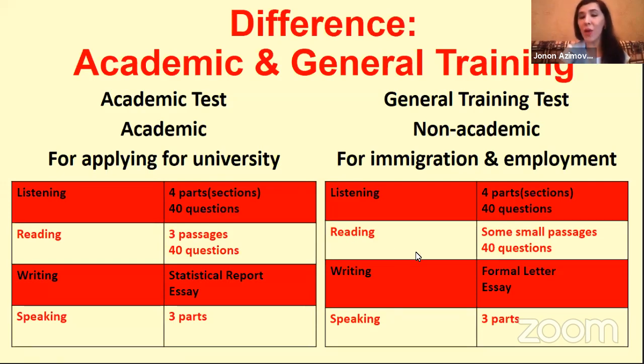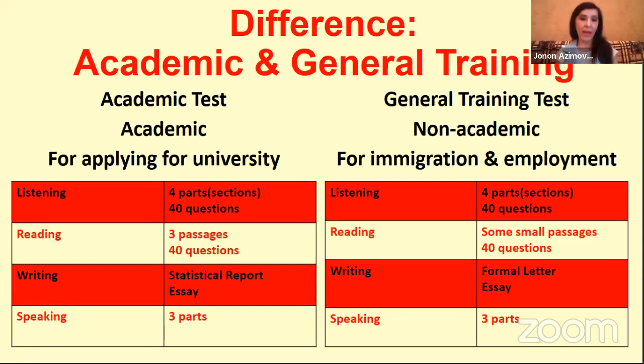However, in general training tasks, you are not expected to complete 3 full passages, but small passages will be provided to you, but still 40 questions you should read, scan, skim, and solve. We will come back at the end of the webinar for more information about reading of general training.